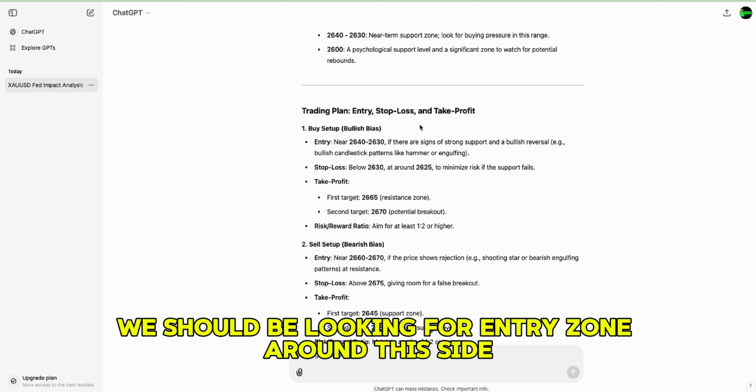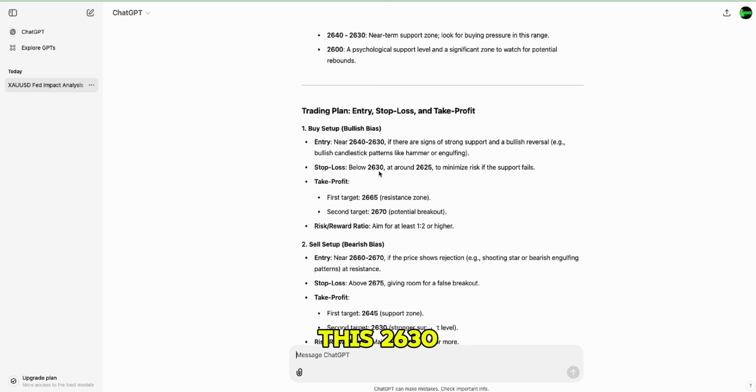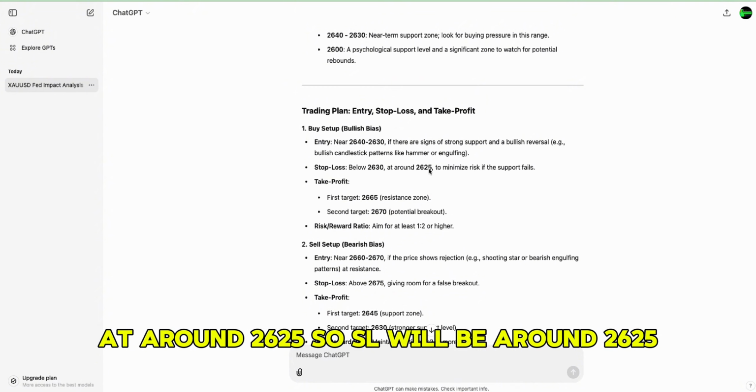It says we should put our stop loss below 2630, at around 2625. So SL will be around 2625.